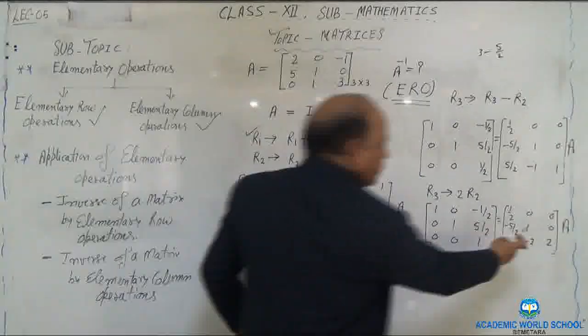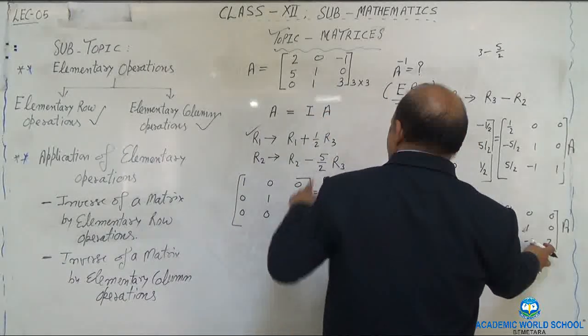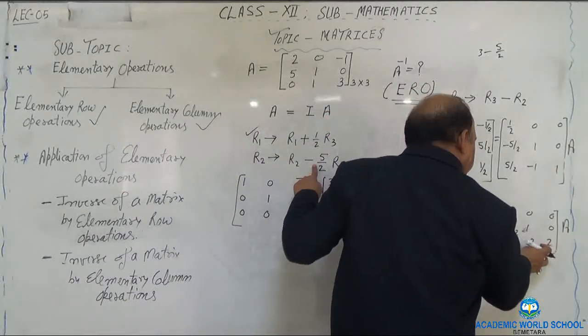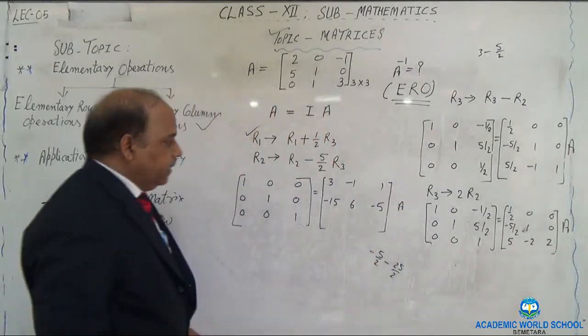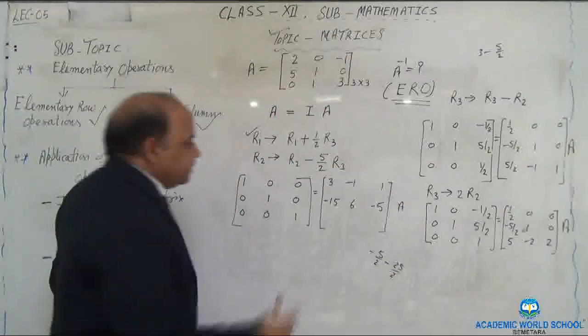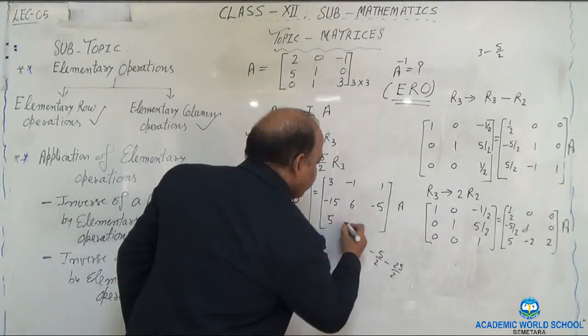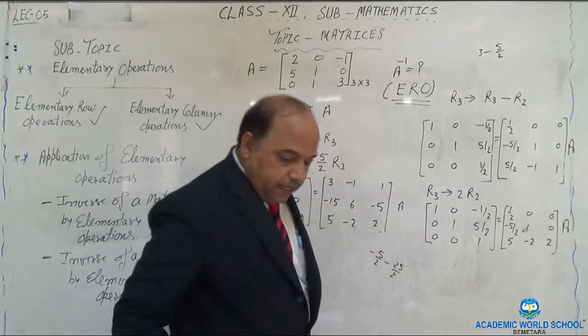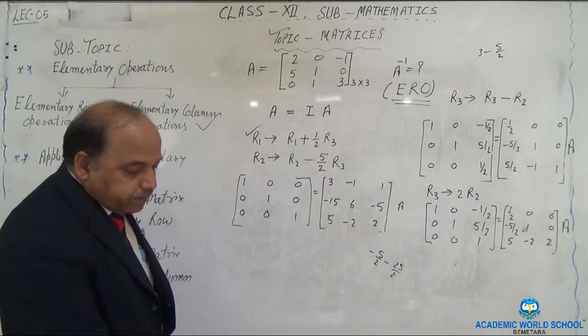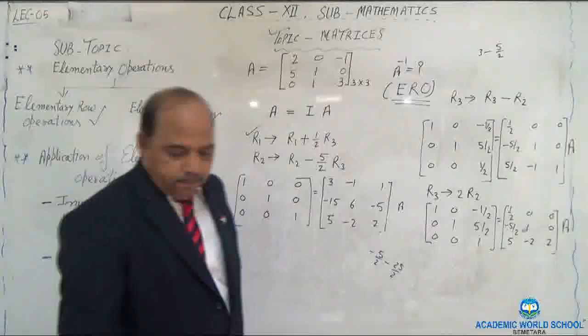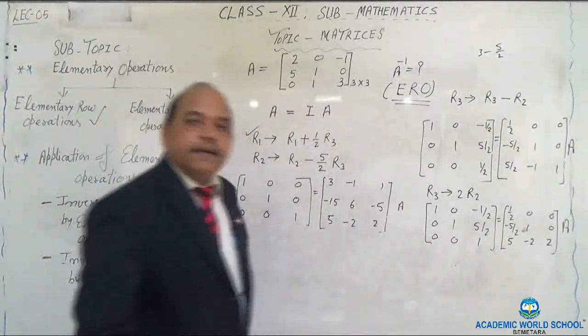And then multiply by this, 5 by 2 times minus, it becomes minus 5, you are adding to this minus 5. And then row 3, there is no change. So look at this very carefully. We are getting this. Now we are done with this.